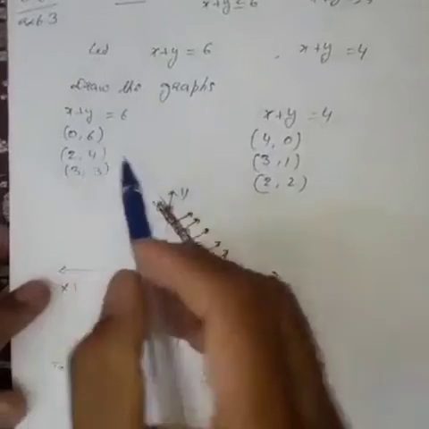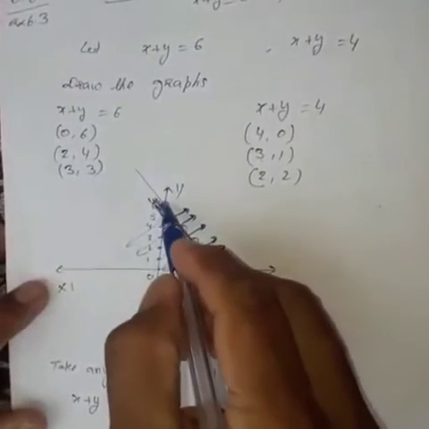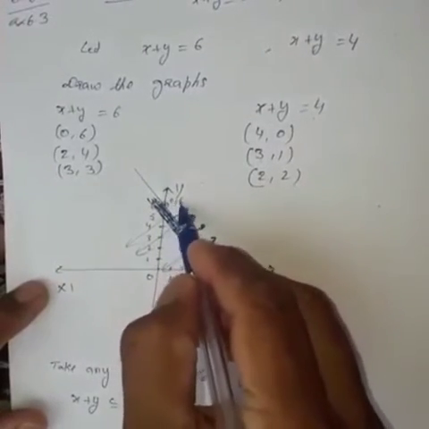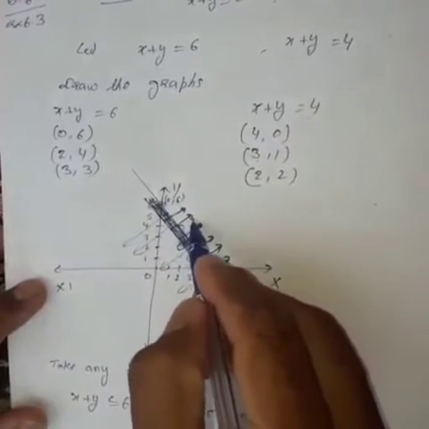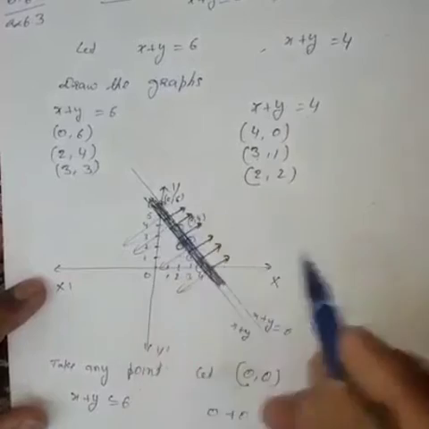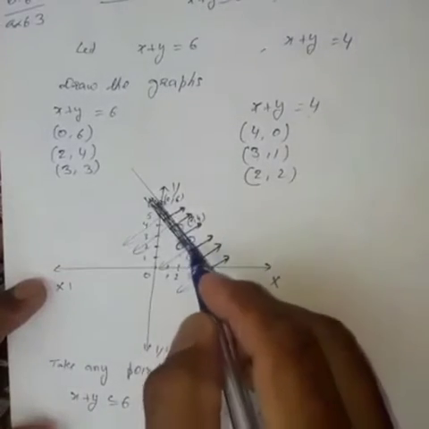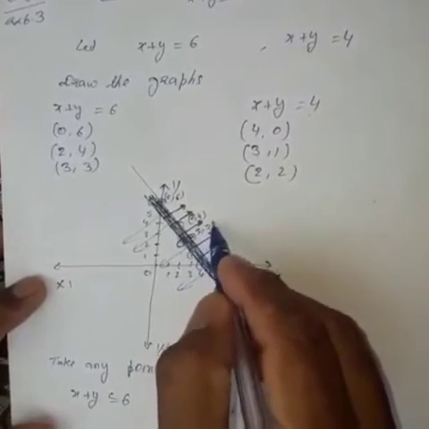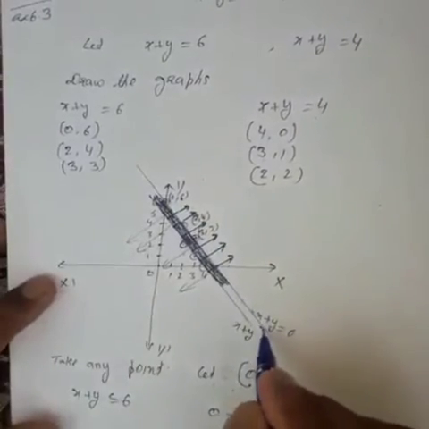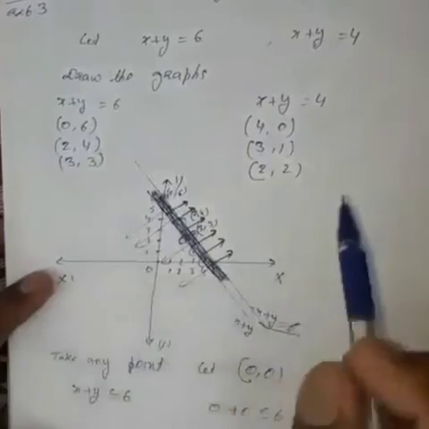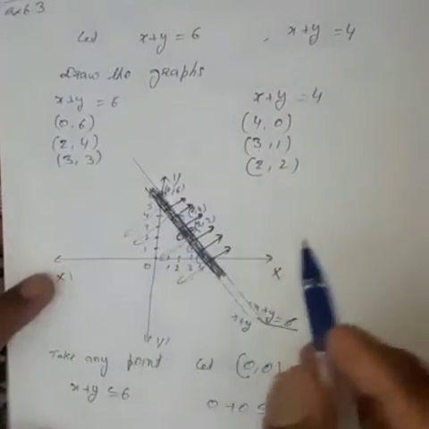Then you locate the first point, x = 0 and y = 6. Then x = 2 and y = 4, this is point (2, 4). Then x = 3 and y = 3, this is point (3, 3). So join this line. This line represents x plus y equals 6. Then locate x = 4, y = 0.